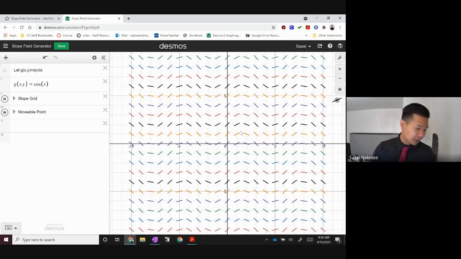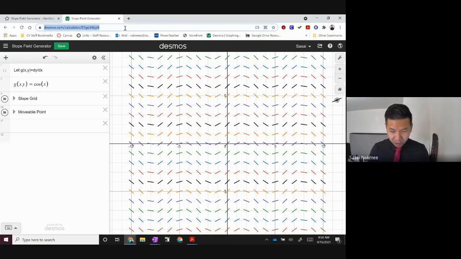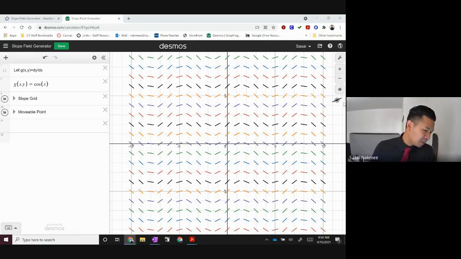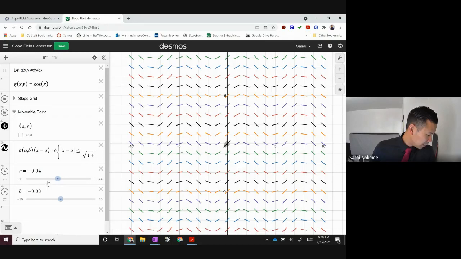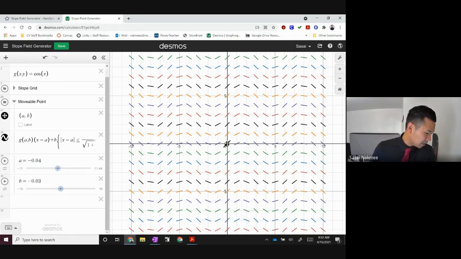What I like about this site's version of it is they give you a point that, when you move it, calculates the slope at that point. So you see here, if I move it to 0, 0, it actually shows me the slope. It doesn't tell me the value, it just shows it to me.